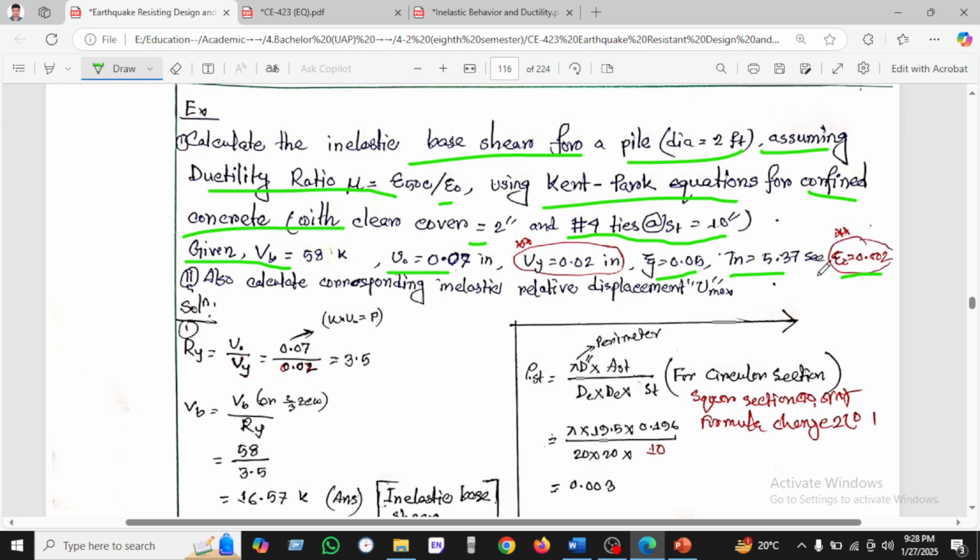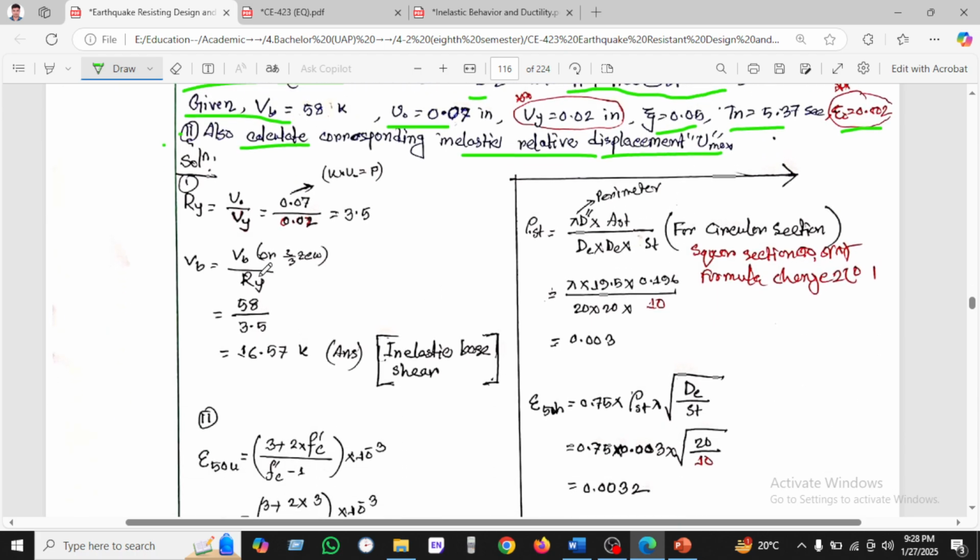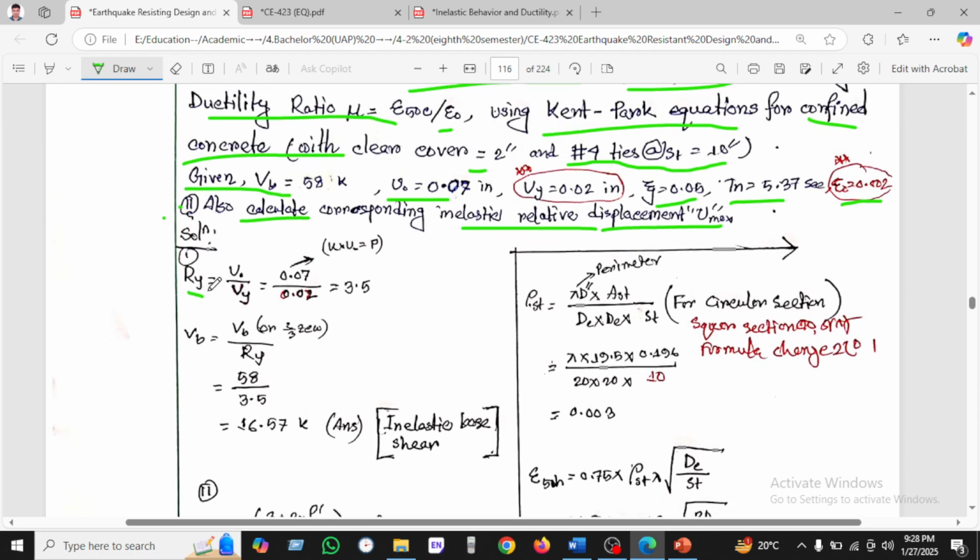This is the memorizing value. Also calculate second one, we have to calculate the corresponding inelastic displacement, which is u max. So let's start. We know the ry equal to naught divided by ultimate, which is 3.5. Then we can use the inelastic response or response modification factor, we can say.